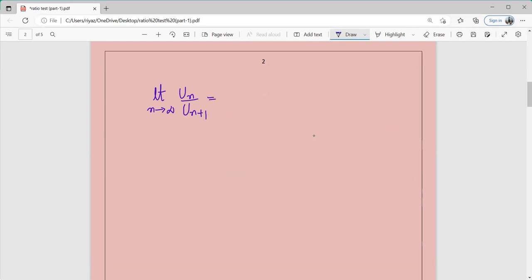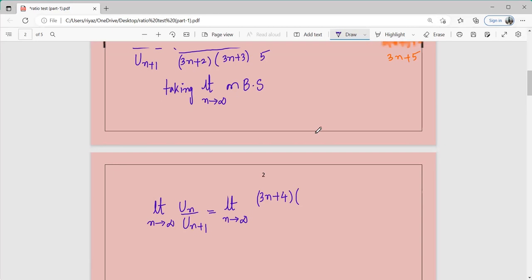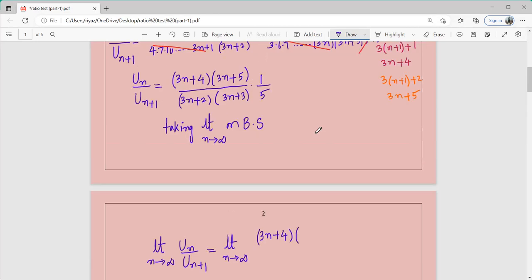तो जो भी टर्म बच गया ना, once again I am writing, that is limit n tends to infinity 3n + 4. वो जो न्यूमरेटर पे बच गया उसको सिर्फ मैं यहाँ बता सकता हूँ एक बार आपको फिर से, ये वैल्यू 3n + 4, 3n + 5 को मैं सिर्फ लिमिट अप्लाई करके लिखूँ, 3n + 5 divided by 3n + 2 into 3n + 3, and this is 1/5. 1/5 is a constant.